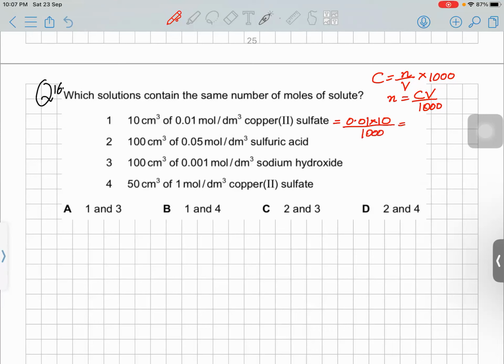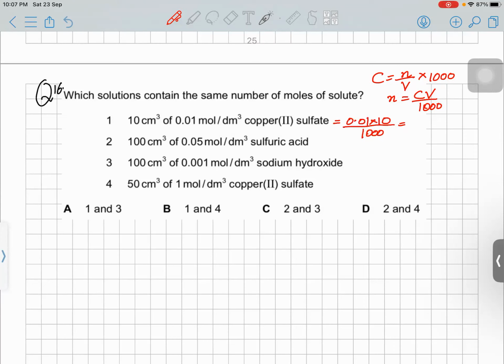Can you tell me the number of moles? Sir, here the concentration is 0.01 and 0.05, and the volume is 10 centimeter cube.